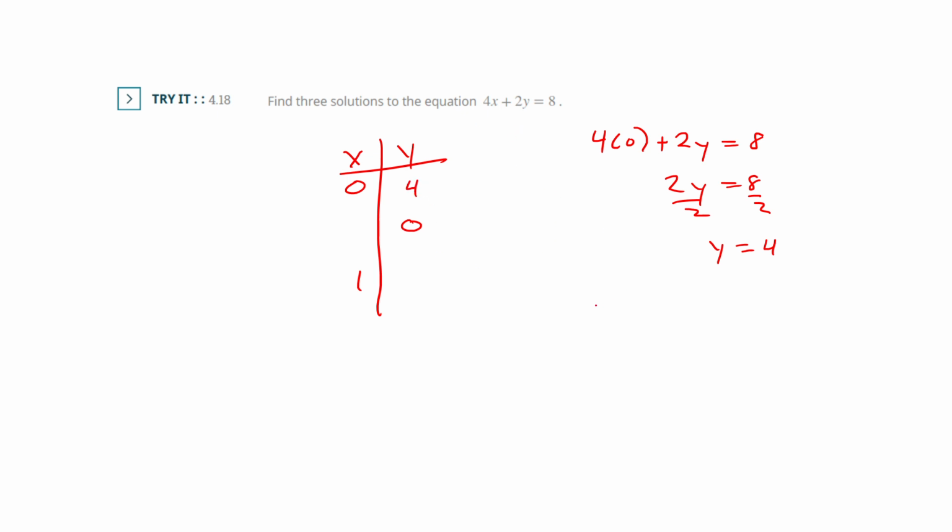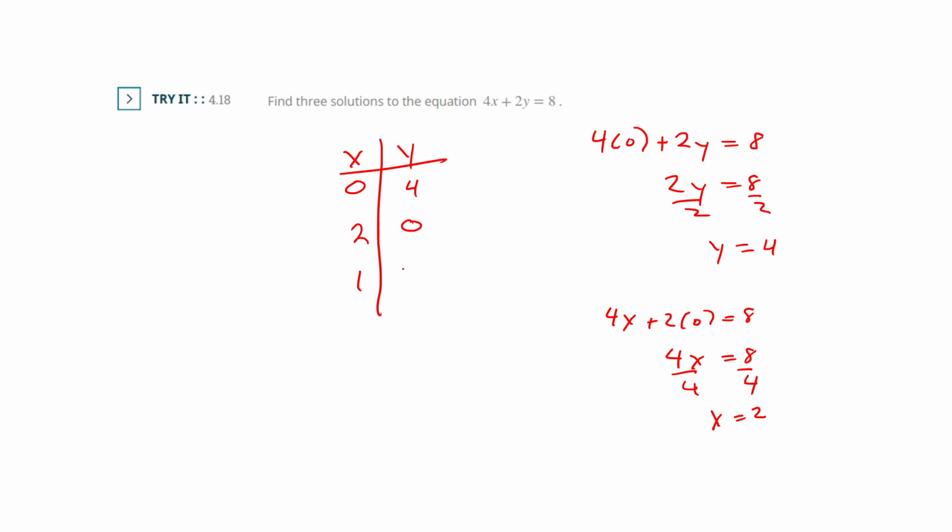Okay, let's go the other way now. I'm putting in 0 for the y. I get 4x equals 8. This dropped out immediately. Divide both sides by 4. I get x is 2.